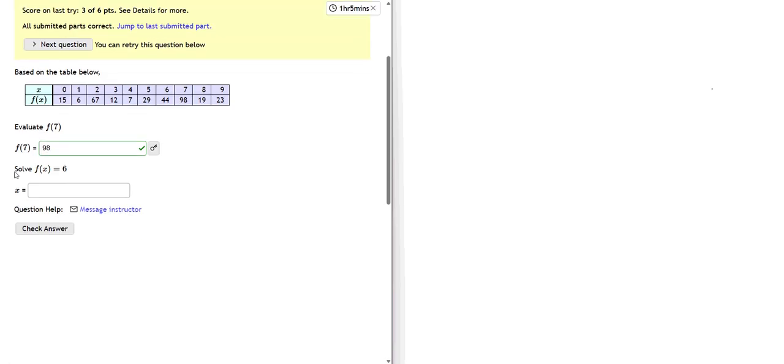Now for the next part, we are told that f of x is equal to 6, and we're told to solve. So what you could do, if it helps you, is rewrite this as f of x. So we'll write it as it's given first.